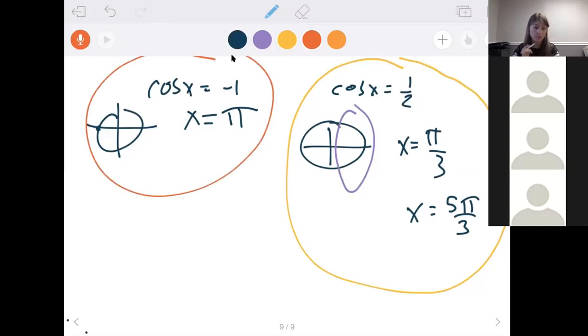And if we take a look back at the original equation, we always want to make sure the x values that we find work. In other words, if you plug them back into the original, do they actually work? A lot of times when we're checking, we just kind of solve for x and then we look back and say, oh yeah. But if you remember from other situations, you could have extraneous solutions.